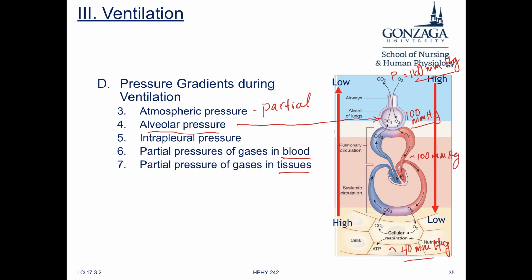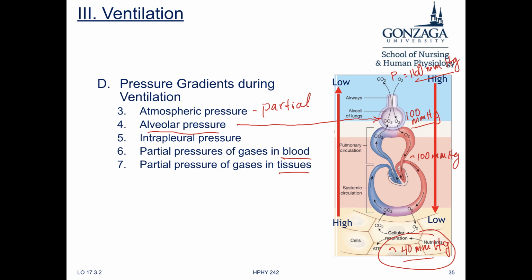Okay. And then previously I mentioned oxygen in the tissues. The point here is that because of this gradient, oxygen starts out high, it moves into the alveoli because the partial pressure is lower. It diffuses into the blood, and then it travels throughout the bloodstream, and it moves down its concentration gradient into the tissues. Okay?